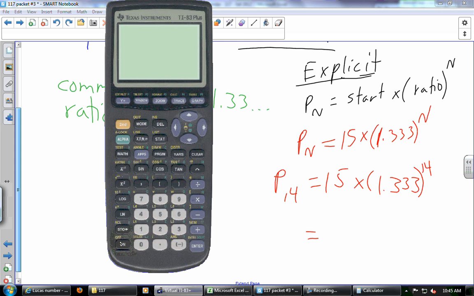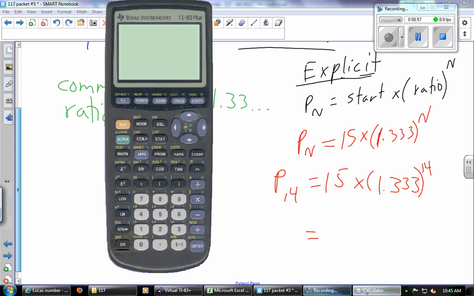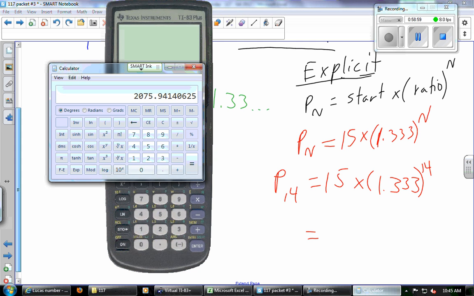Okay, so I got different numbers coming up here. So what do we get? If I do 15 times 1 point, I'm going to be excessive here. It's a lot of 3's. To the 14th power, 841. Is that all right? Yeah. 841. Yeah, use a lot of 3's. Okay.